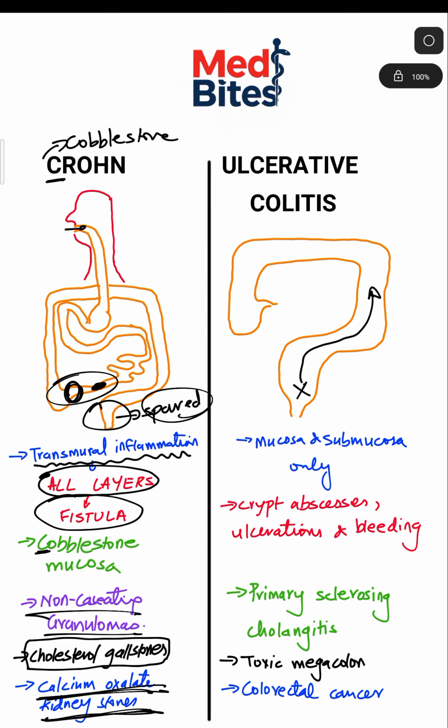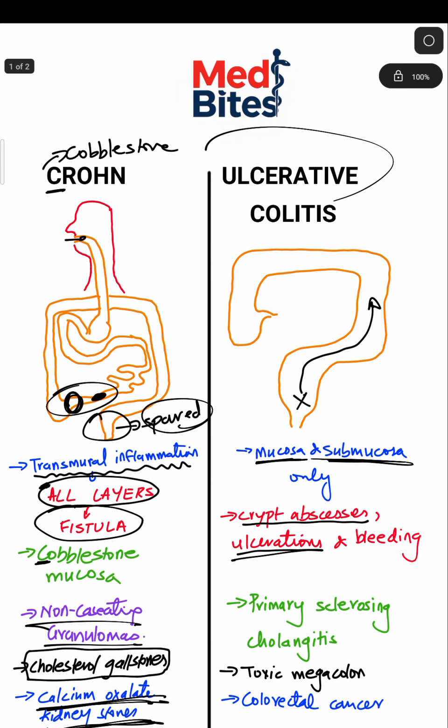Which type? Calcium oxalate. Now, ulcerative colitis only affects the mucosa and the submucosa. So you do not get transmural inflammation, so fistulas are very uncommon. Instead, ulcerative colitis causes crypt abscesses, ulcerations, as the name suggests, ulcerative, and bleeding.